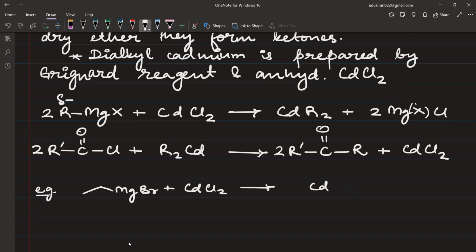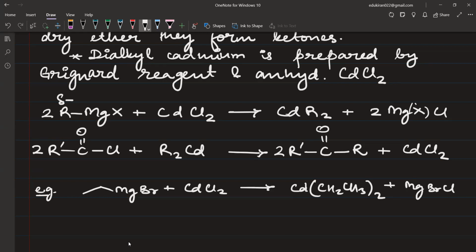You have the 2 alkyl groups on cadmium like this. Plus you are going to get MgBrCl. Okay. Now, is this alkyl visible to you? Write it like this if not visible: you have cadmium and you have CH2CH3 whole twice.